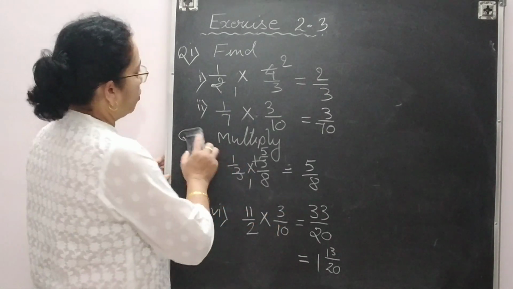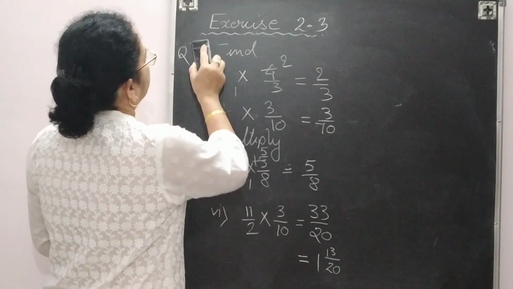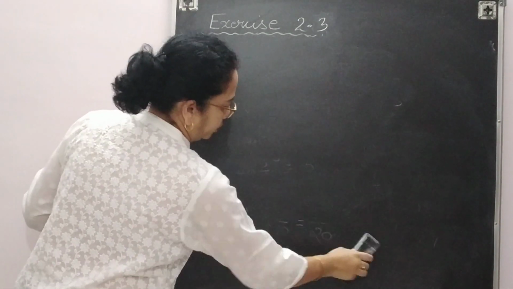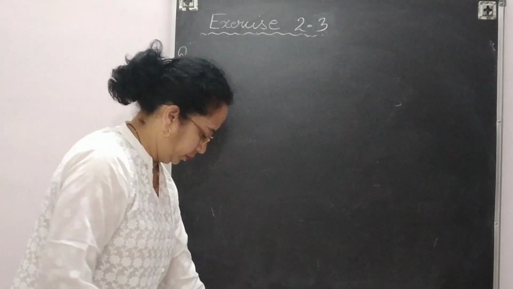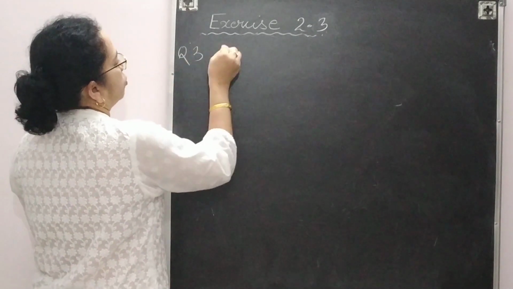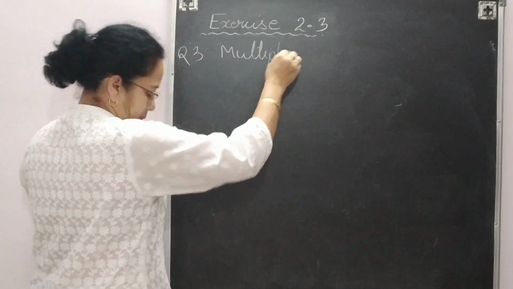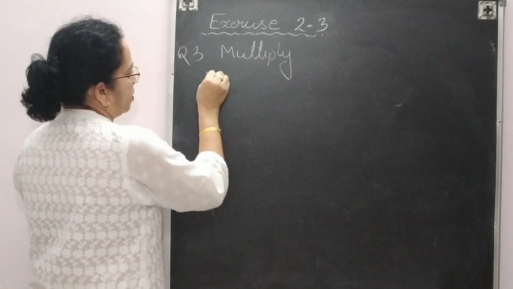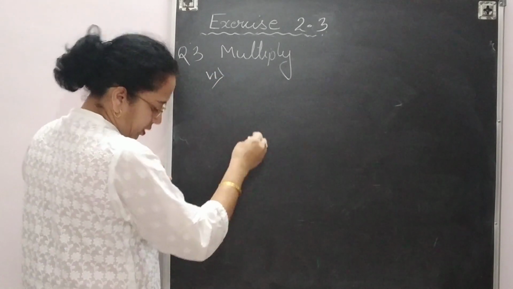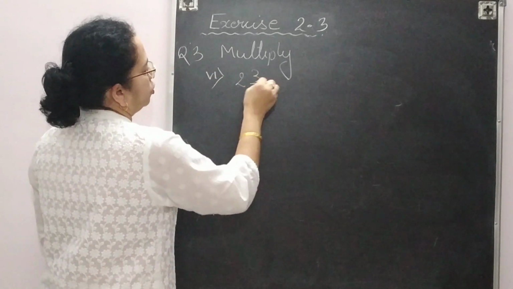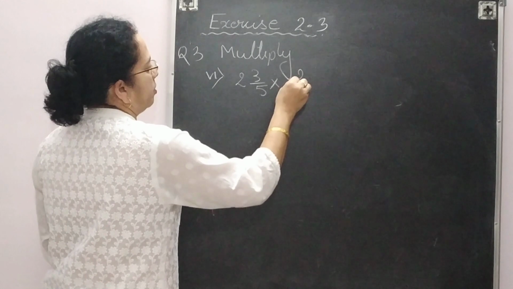So now we will go for next question, question number 3. Again, your question number 3 is multiply. So sixth sum here I am taking, that is 2 and 3/5 multiplied by 3.